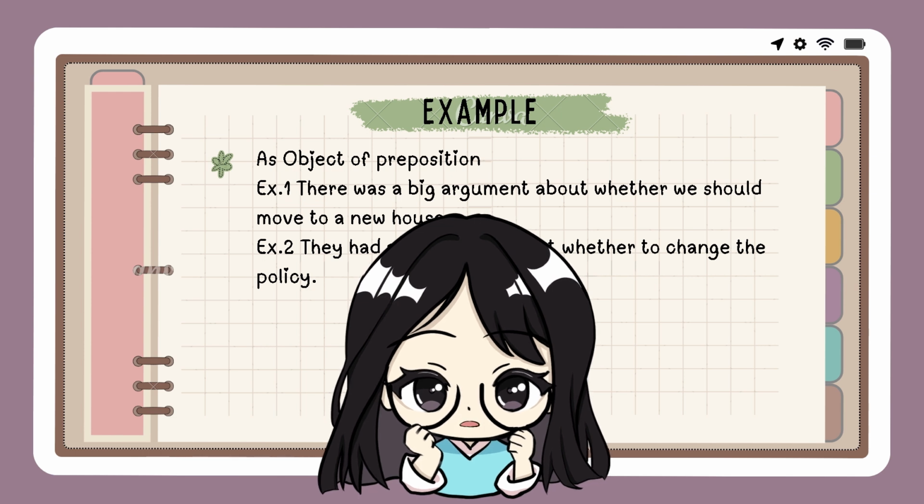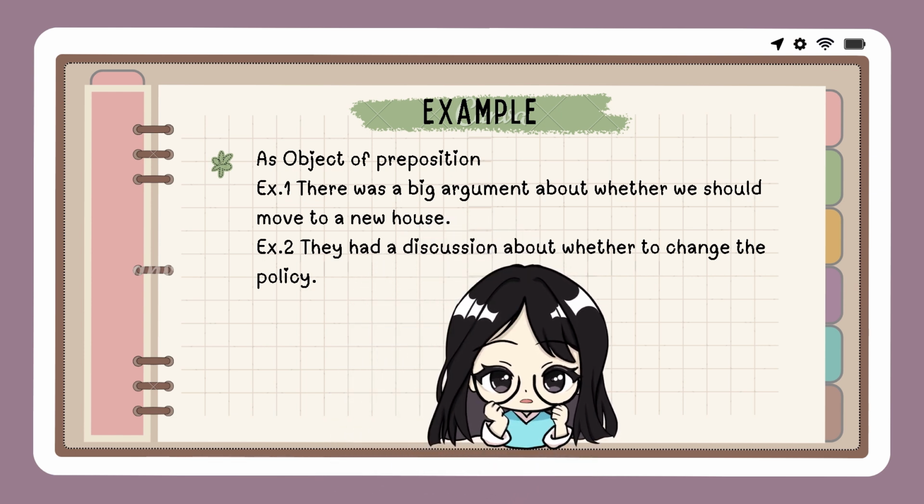Next example. As the object of preposition. Example number 1. There was a big argument about whether we should move to a new house. Whether we should move to a new house, functioning as the object of the preposition about.